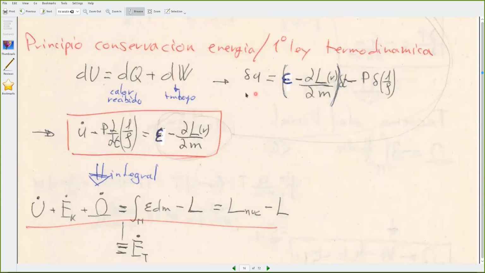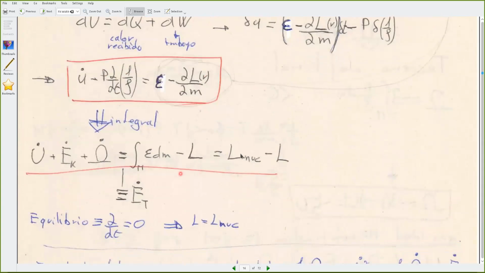Given this relation in small amounts, that leads to this equation: the time variation of the total energy must be equal to the integral of the energy production rate per unit mass over all the mass, minus the luminosity.